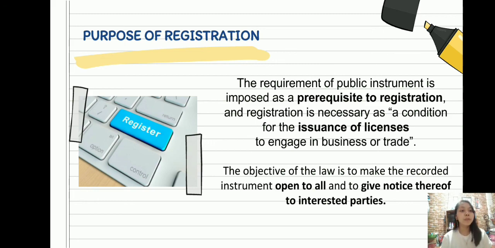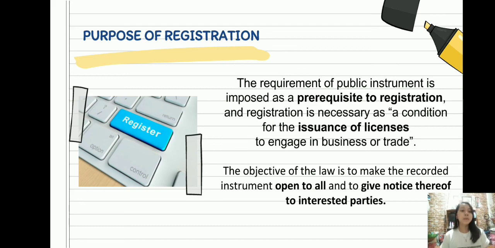Also, the purpose of registration for public instrument, public document, is to announce that the property na pinapublic instrument mo is open to all, and to let the third person or the public or the interested parties be aware that property exists and that property belongs to the partnership already.